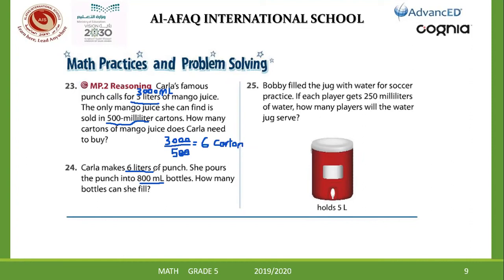I have 6 liters. I want to separate them into bottles, each one holds 800. Because the meaning of separate is divide. But can you divide 6 liters by 800 milliliters? Can you divide if you have different units?